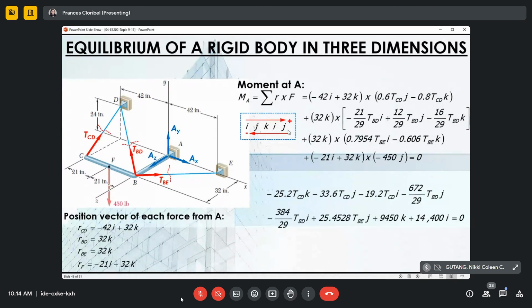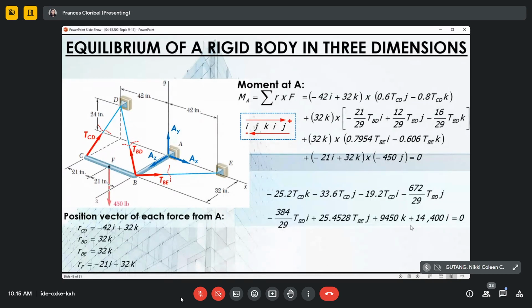Proceed. K times I. K, I is positive J. Positive, so we have the x component of the force in terms of our magnitude, that is 25.4528 TBE J. K times K is 0. Next, I times J. IJ is positive K. Both are negative, making it positive.